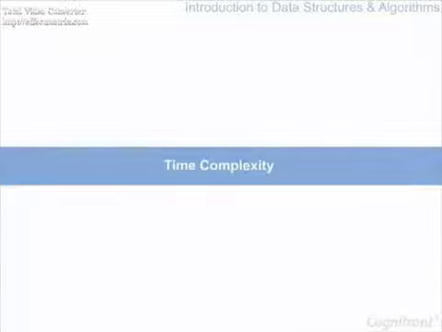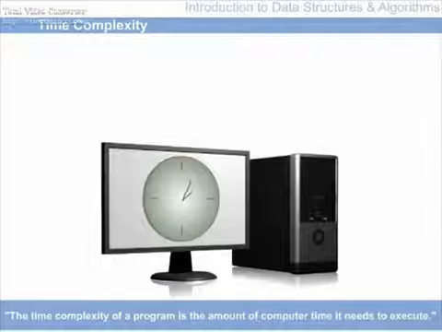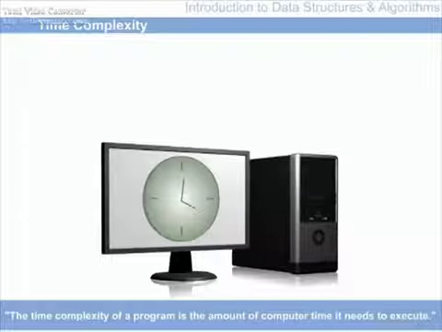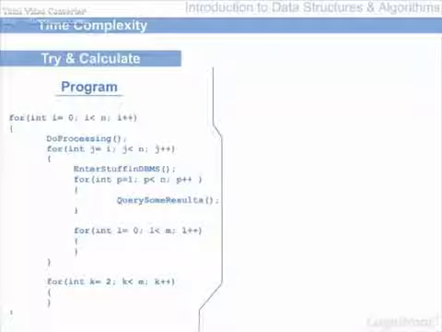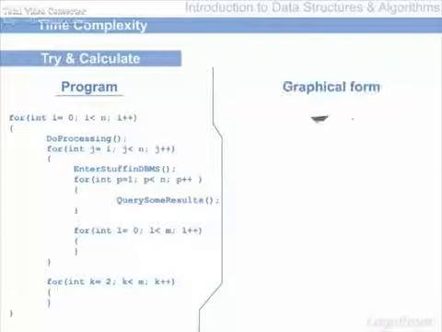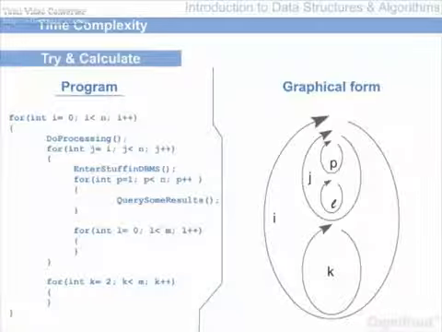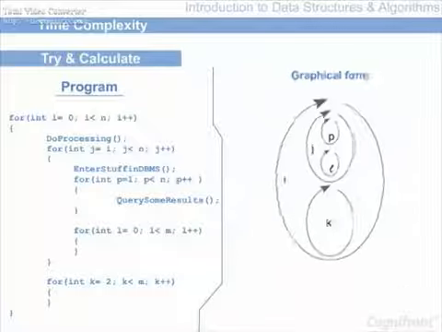Now let's see what is time complexity. The time complexity of a program is the amount of computer time it needs to execute. Let's try and calculate the time complexity. Consider the following program. We can represent the executable statements in the graphical form.